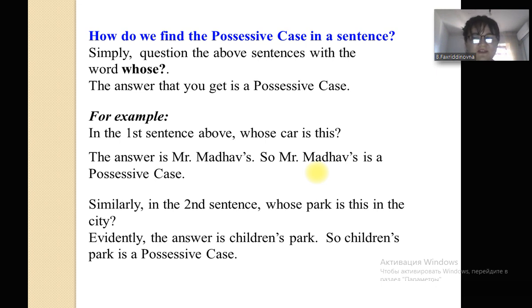The answer is Mr. Metcalfe's. So Mr. Metcalfe's car is the possessive case in the first sentence. And similarly, in the second sentence, whose park is this in the city? Evidently, the answer is children's park. So children's park is the possessive case in the second sentence.